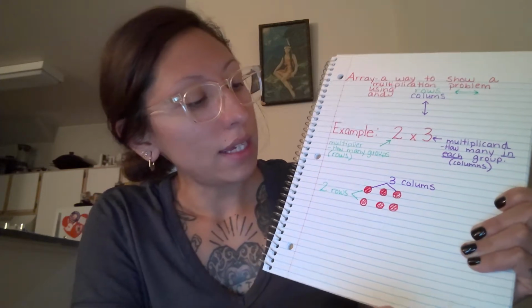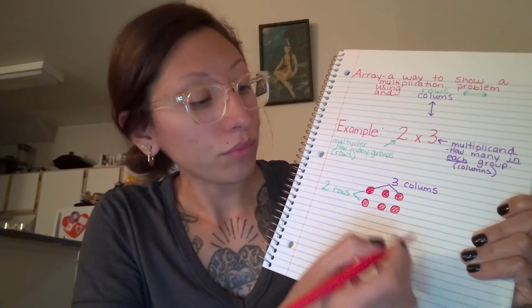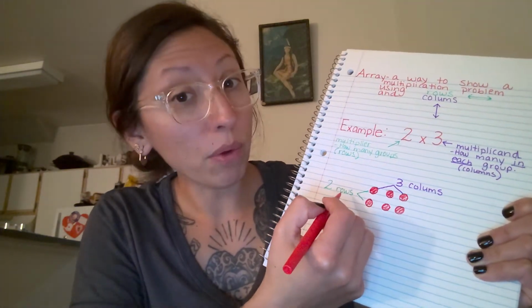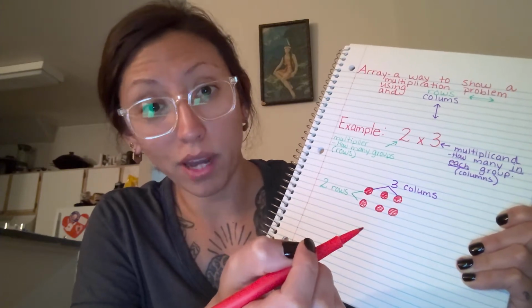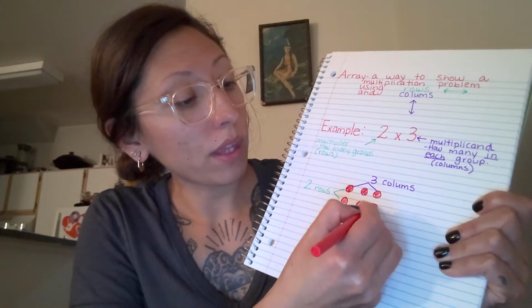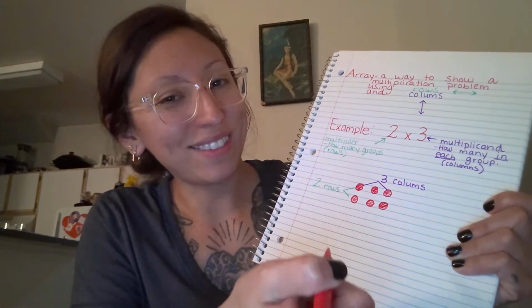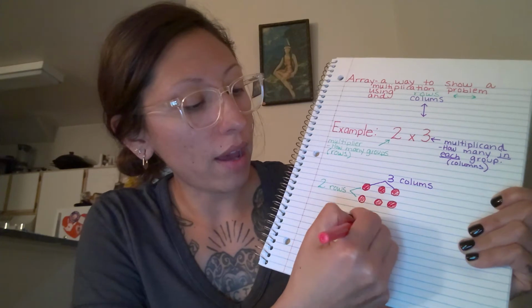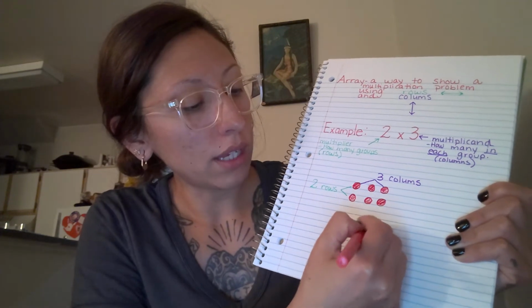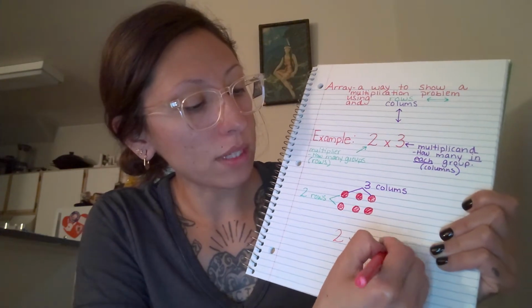So we had 6 dots all together. And if we remember what multiplication is, it's basically just adding how much we have all together, right? Adding our groups together. And this would equal 6. So we have 2 times 3 equals 6.